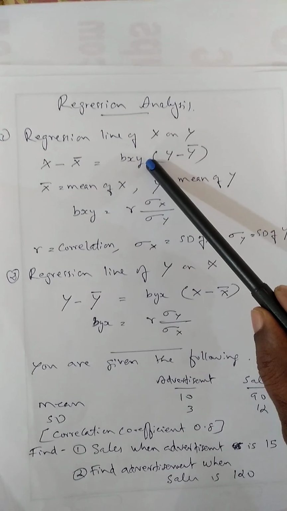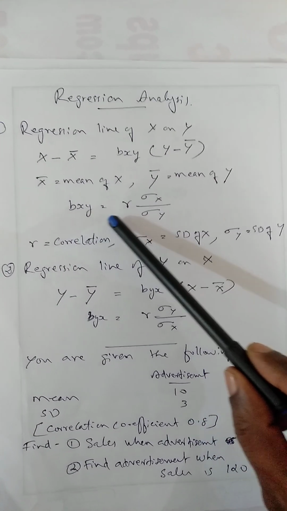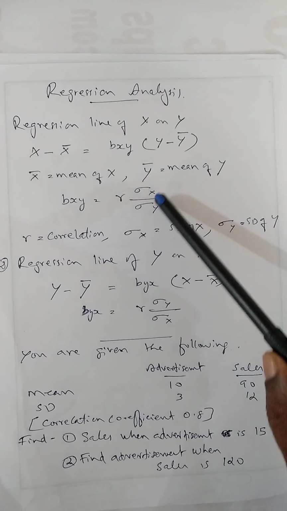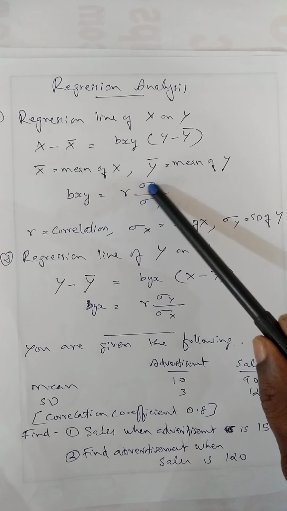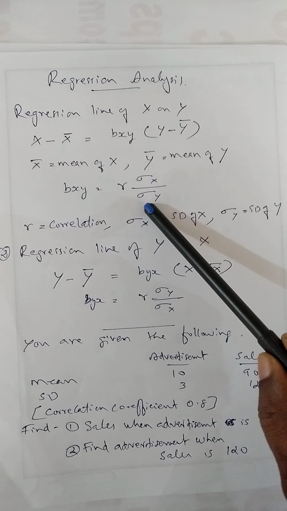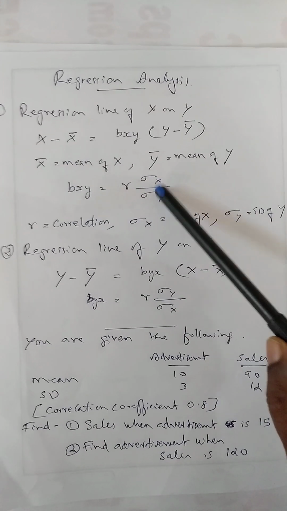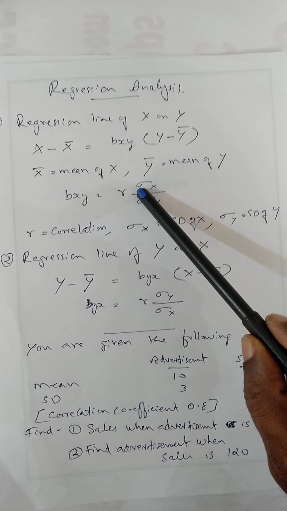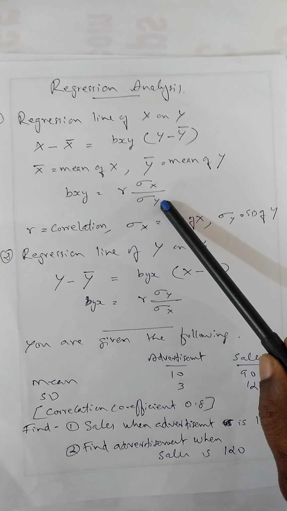This bxy is calculated by using another formula, which is r into sigma x divided by sigma y. This sigma symbol denotes standard deviation. I think you remember that it is standard deviation. So r into standard deviation of x divided by standard deviation of y.